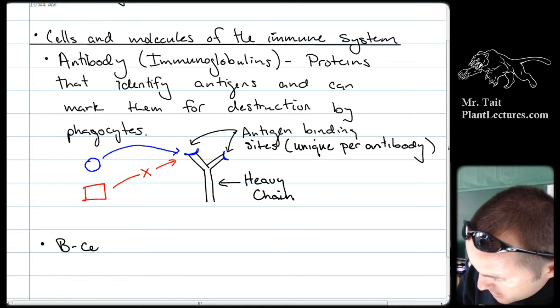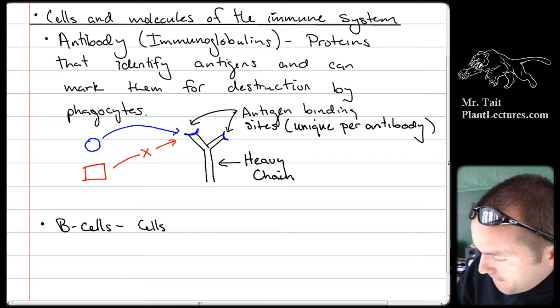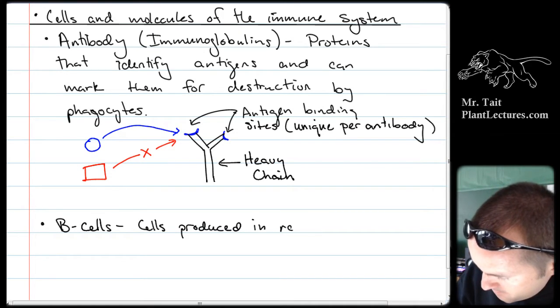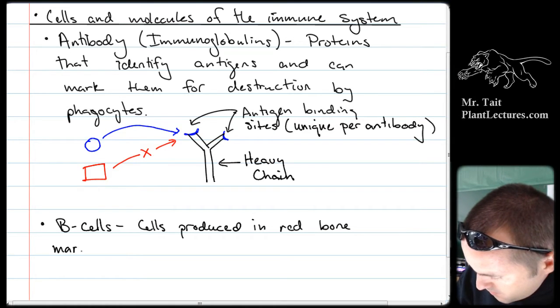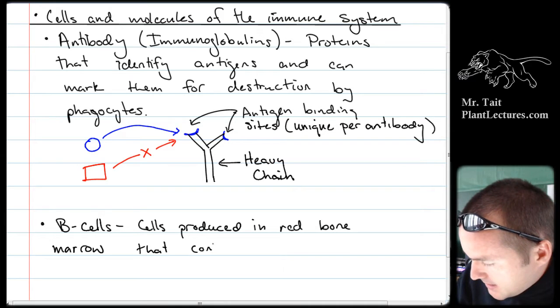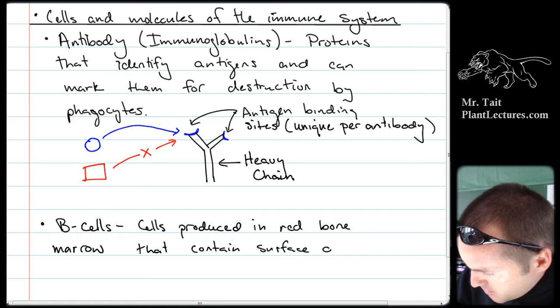All right. So let's talk about B cells. Cells produced in red bone marrow that contain surface antibodies.